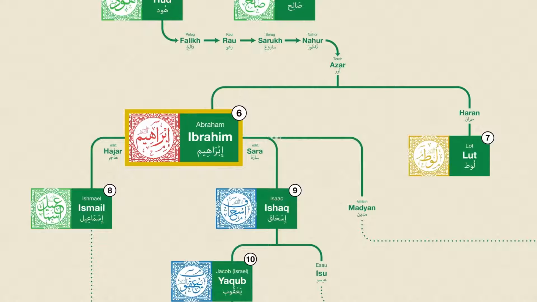But the most important difference between the Islamic version of Ibrahim's life and the biblical version concerns the sacrifice of his son. In the Bible, Ibrahim is commanded to sacrifice his second-born son, Ishaq. Whereas in the Quran, although the name of the son is not given, the person in the sacrifice is generally understood to have been Ibrahim's firstborn son, Ismail.